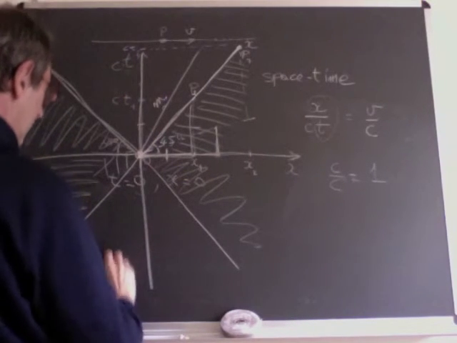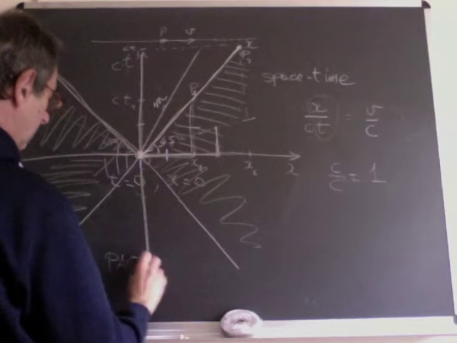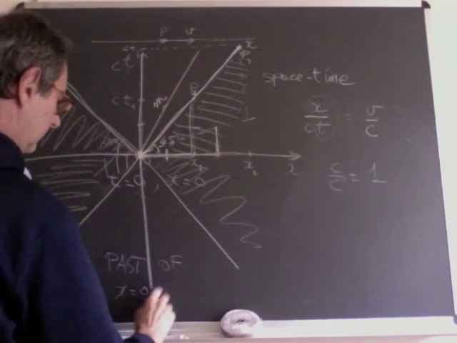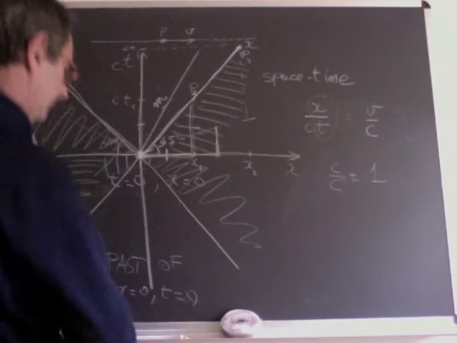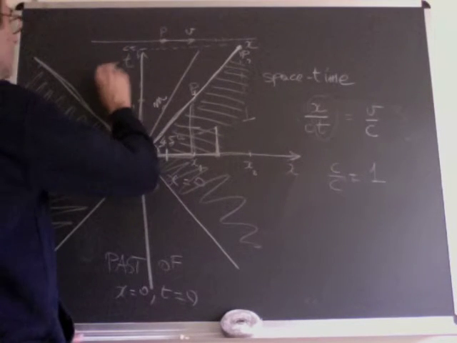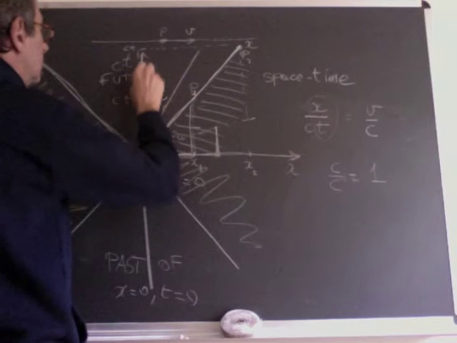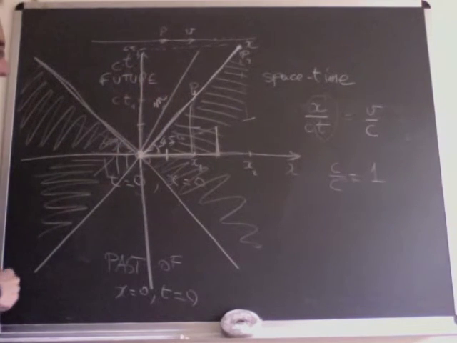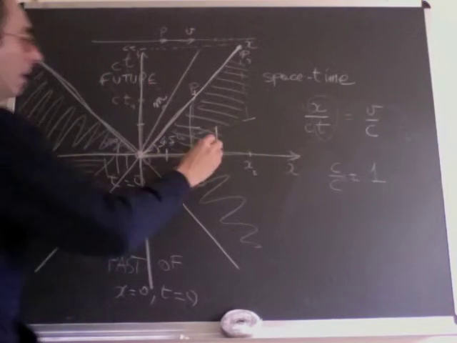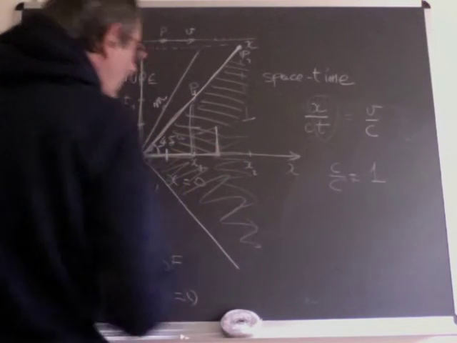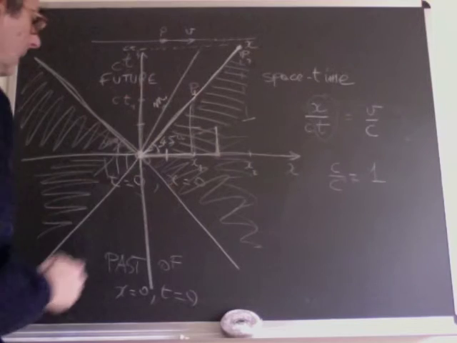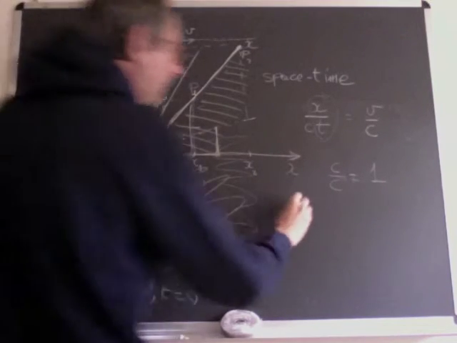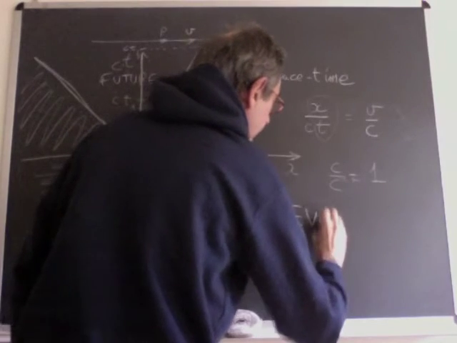This is the past of x equals 0, t equals 0, and this is the future of the same x equals 0, t equals 0. Okay? From now on, we will call the point in the space-time with the name event.